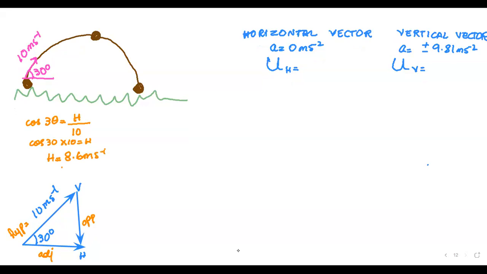So like I said, we will have to calculate. The velocity given to us, 10 meters per second, is not the velocity in the horizontal or the vertical component. We will have to use trigonometric ratios and calculate the velocity in the horizontal and the vertical component.